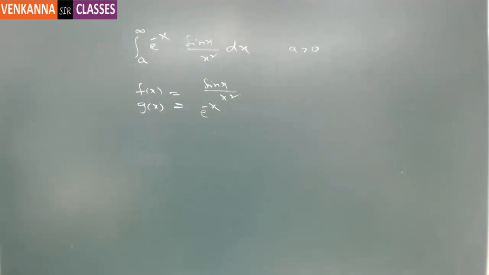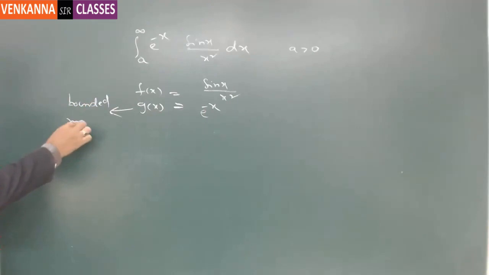So can you recollect the part of Abel's test one more time? Please go through the statement of it. If you look at the statement of Abel's test, here for g, we need to show that it is a bounded function and monotone.